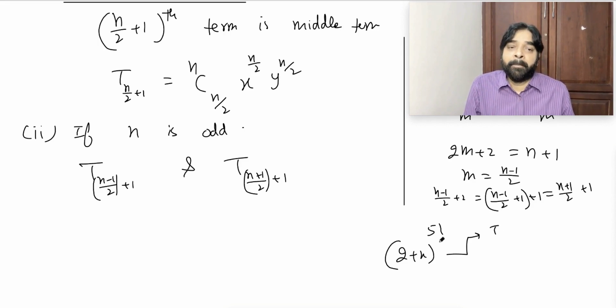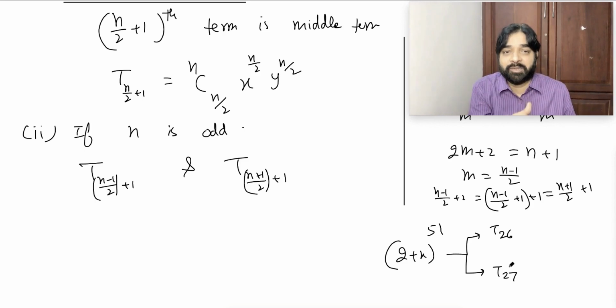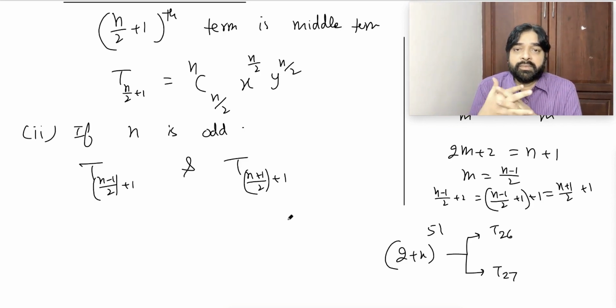First, T of n minus 1 by 2 plus 1. n minus 1 will become 50, by 2 will become 25, 25 plus 1 will become 26. So the 26th term will be a middle term. The other one, 51 plus 1 by 2: 51 plus 1 is 52, by 2 is 26, plus 1 is 27. Directly also you can write: if you got the first middle term, the next middle term will be the next one. The 26th you got, the 27th will come. No need of this calculation. Is it clear to everybody?